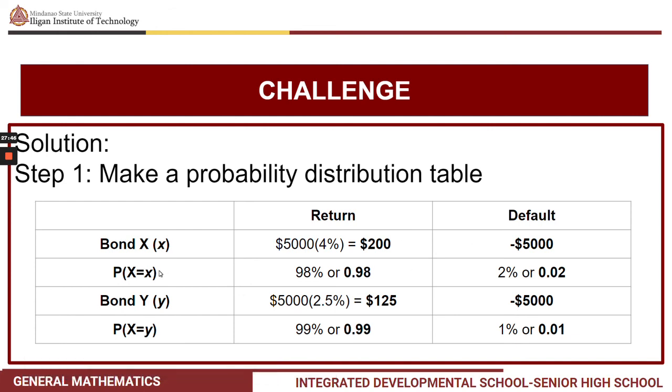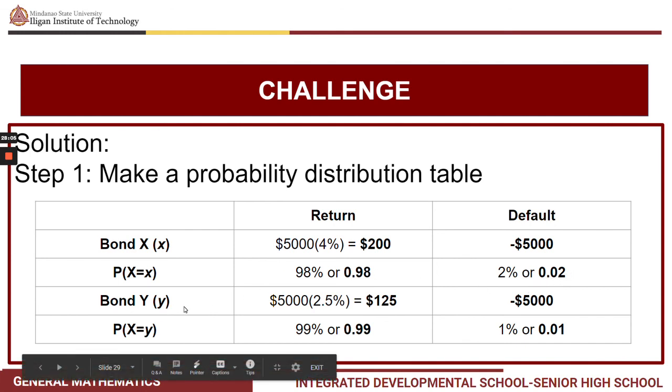Yun yung mga values ng ating return. So ang probability for each is, 'di ba? It said na kapag default nawawala, so it's given there na it's 2% for bond X. So 98% yung hindi mawawala yung investment, or 0.98. And kapag default, 0.02. Now, for bond Y naman, since it's 2.5% daw yung return, so times 5,000, makuha mo na return is $125.